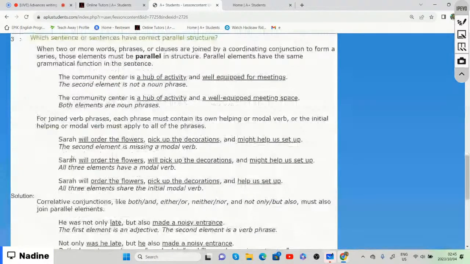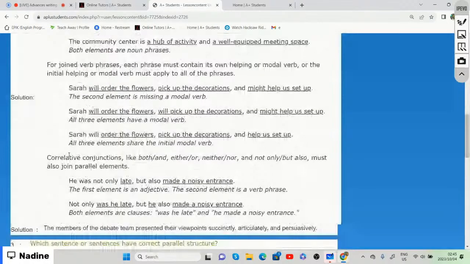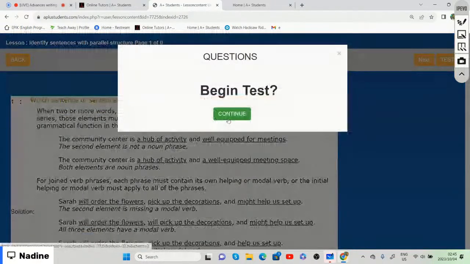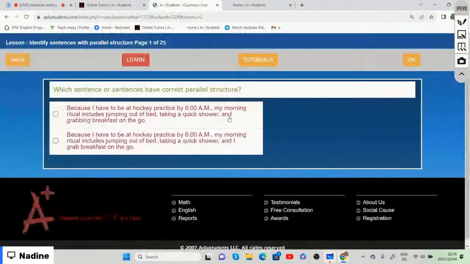All right, let us do our test on identifying sentences with parallel structures. Which sentence or sentences have the correct parallel structure?